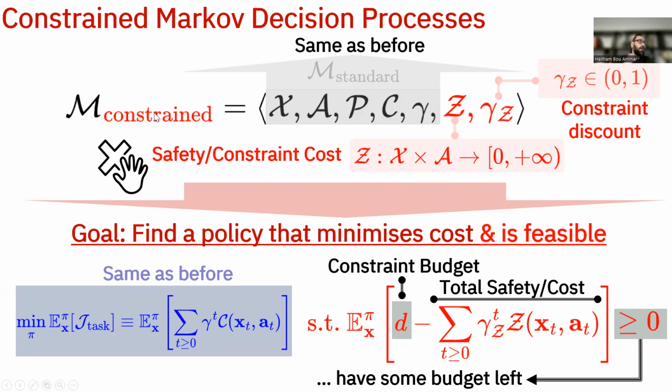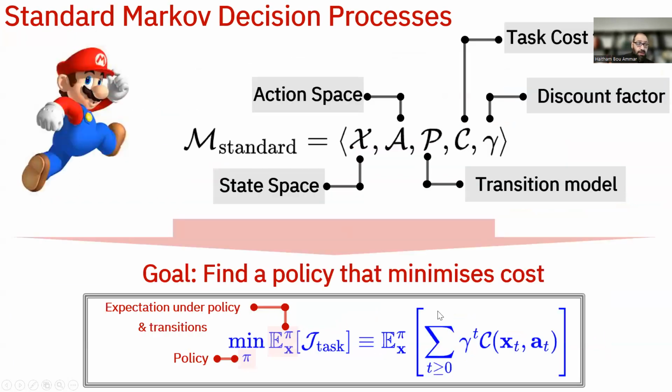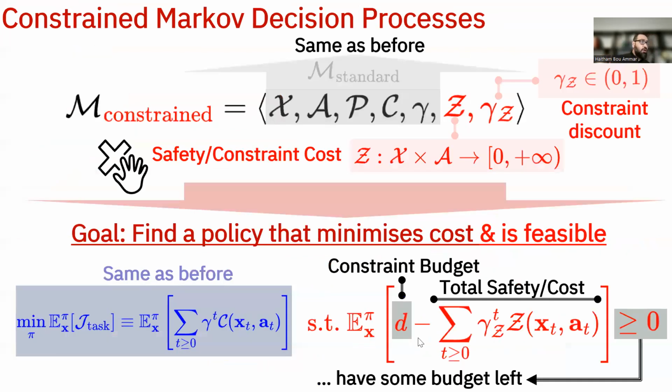So what is the goal in a constrained MDP? The goal in a constrained MDP is not only to find the policy that will maximize or minimize my standard cost C, as we described here, because now we have these safety constraints, and we would like to meet those safety considerations. So instead of having an unconstrained problem, which is the standard MDP style, we will have a constraint problem where our goal is to minimize the standard cost.